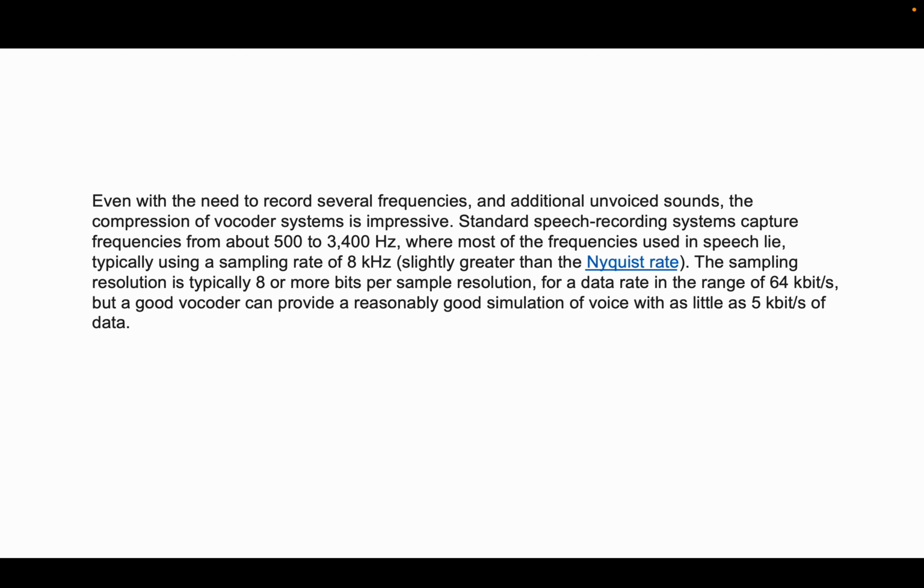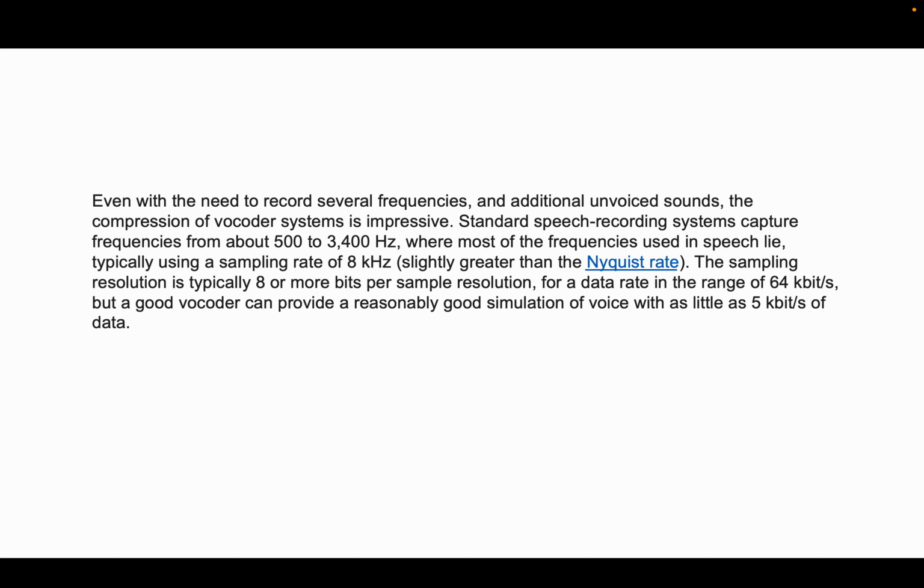So even with the need to record several frequencies and add unvoiced sounds, the compression rates of vocoder systems are impressive, typically capturing frequencies from 500 to 3400 hertz. Most of the frequencies had a sampling rate of about 8 kilohertz.